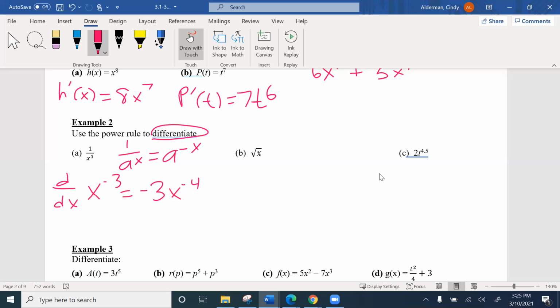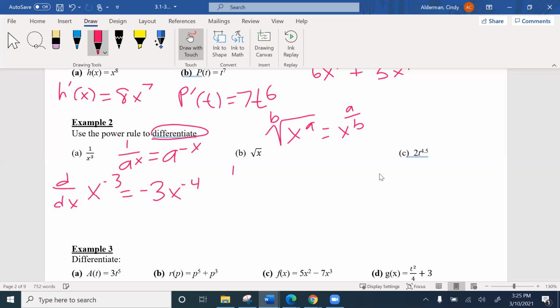All right. So this next one, if you use the rule that you can rewrite this with an exponent by saying it's x to the a over b power. So what do you think about the square root of x?